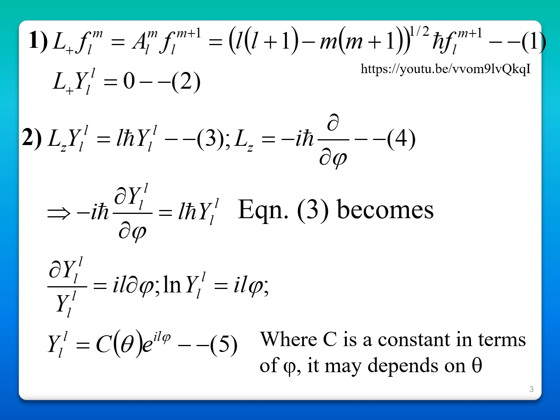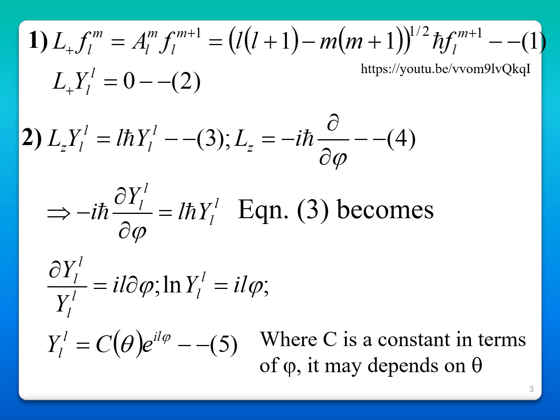And next, you have to use that L_z. So L_z acting on Y_ll is l h cross Y_ll. It's already given. And L_z, as you already know, is minus i h cross del by del phi in terms of theta and phi. So if you substitute this L_z, then it is minus i h cross del Y_ll by del phi is equal to l h cross Y_ll.